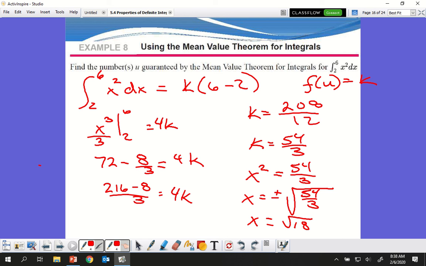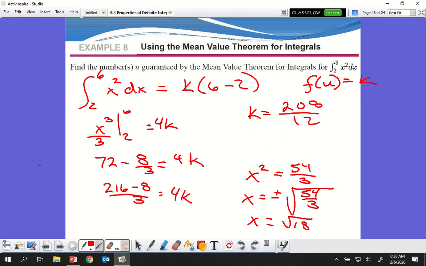You got k wrong. No! Why did I get k wrong? 208 divided by 12 is 52 over 3. Thank you.